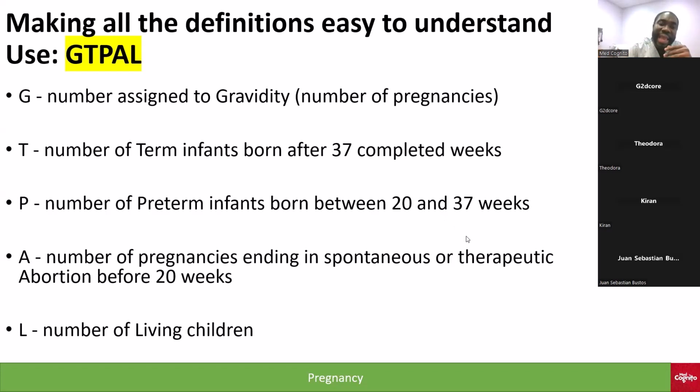A stands for the number of pregnancies ending in spontaneous or therapeutic abortion, those pregnancies which were lost before 20 weeks. And L is the number of living children.